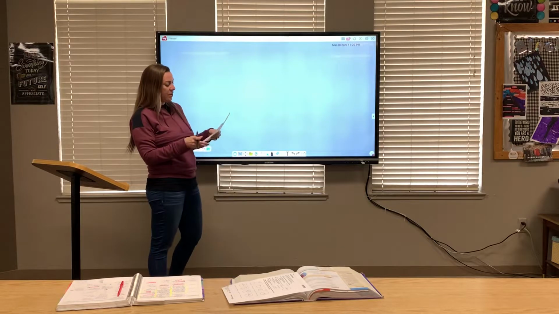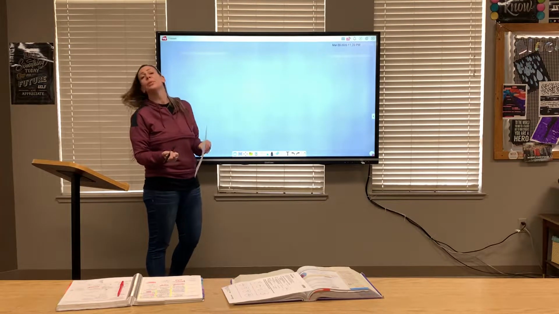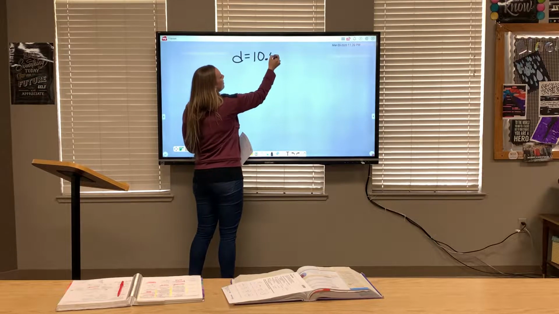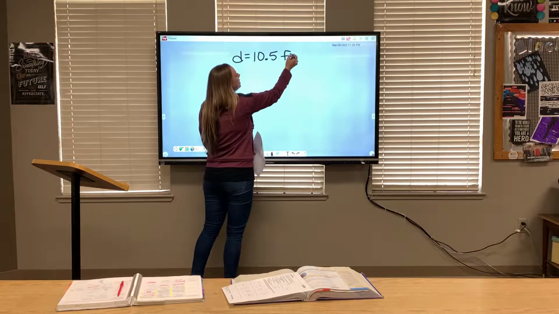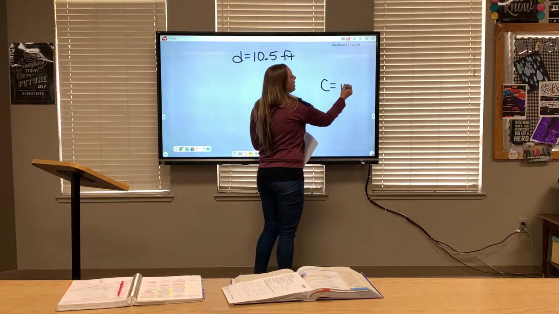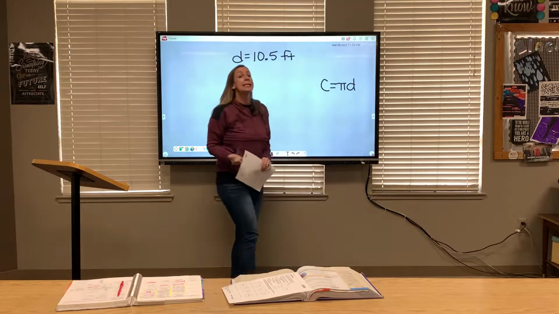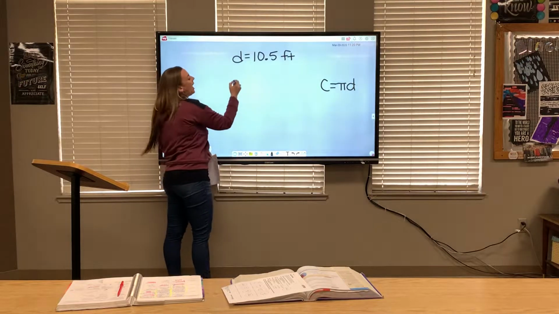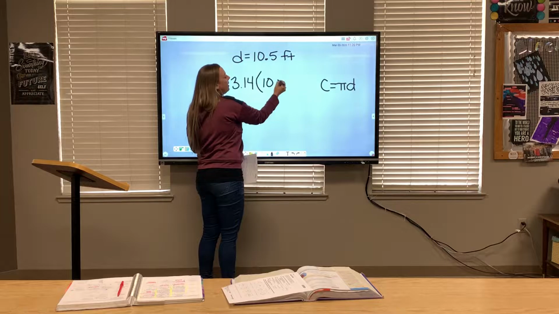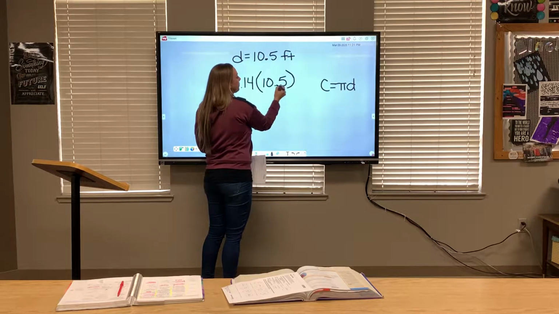Let's go ahead and try another one. Let's look at number 2. So I have the diameter equals 10.5 feet. So again, I have the diameter here, so I'm going to use this formula, pi times d, okay? So pi is 3.14, and I'm just going to multiply it by my diameter.